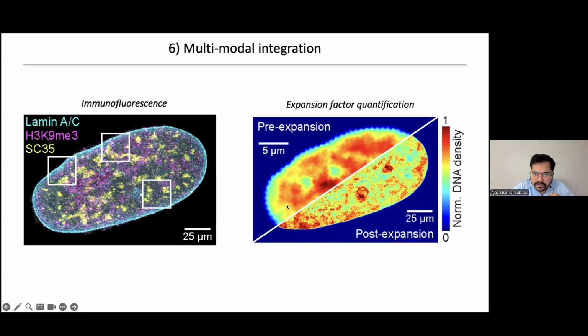On the right, you're seeing pre- and post-expansion. This is how we calculate the expansion factor, because we also have to find out the real distances in the cell from these proteins. So we have to have an expansion factor per cell, and we can calculate it because we have pre- and post-expansion images of the same cell.